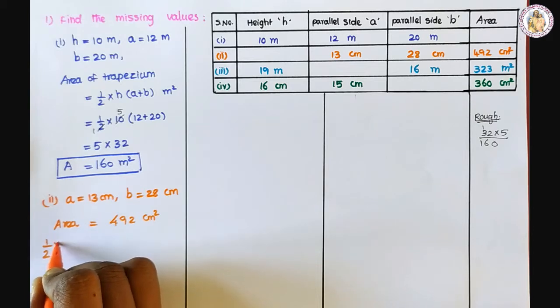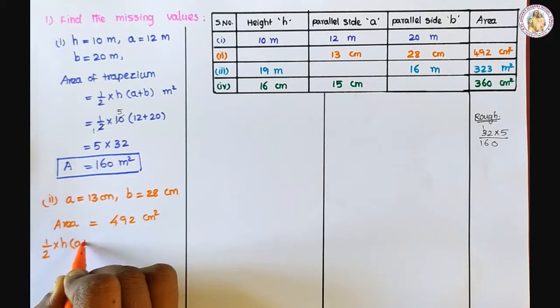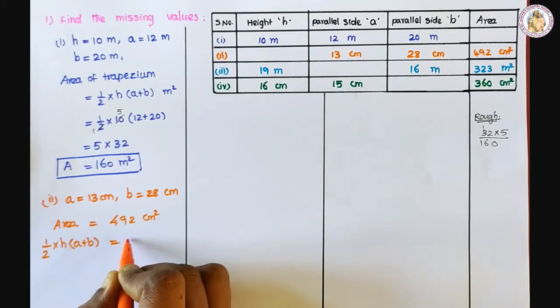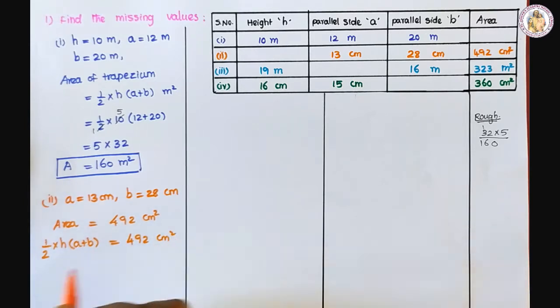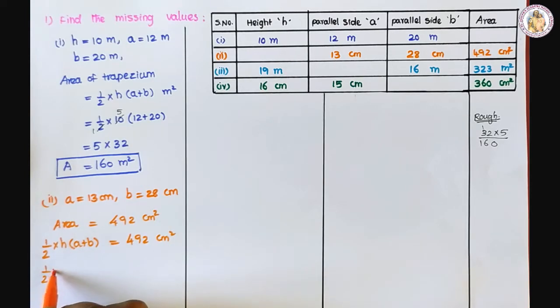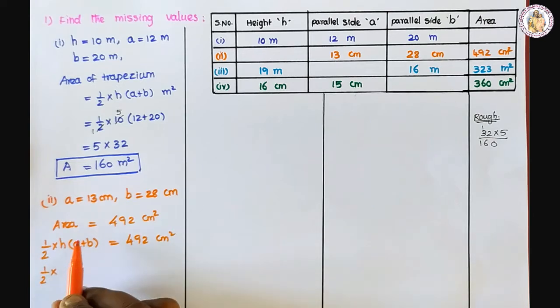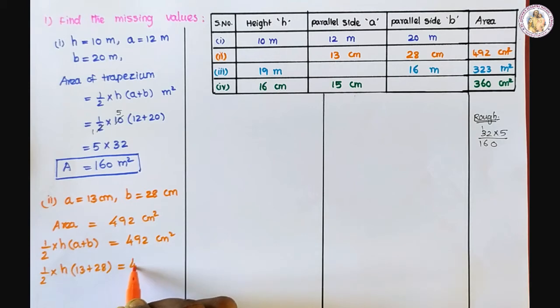So 1 by 2 into h into (a plus b) equals 492 centimeter square. Now substitute the values. 1 by 2 into h, they did not give the h, so write it as it is, into (13 plus 28) equals 492.